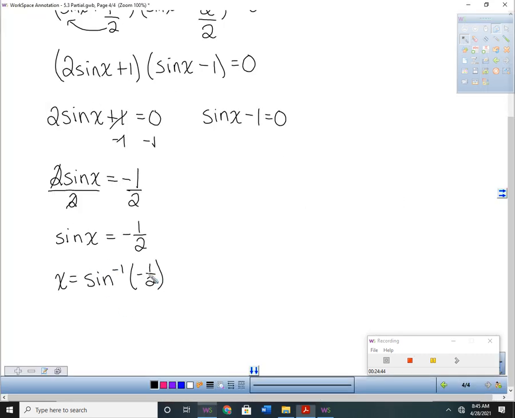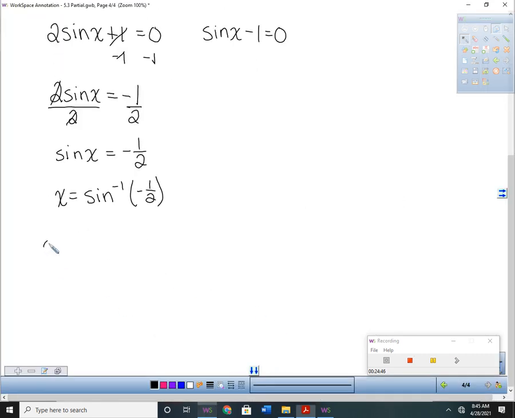They're not directly across from each other, so we're going to have two statements. X is equal to 7 pi over 6 plus 2n pi. And then x is also equal to 11 pi over 6 plus 2n pi. I'm not going to circle those yet because we might have an overlap.